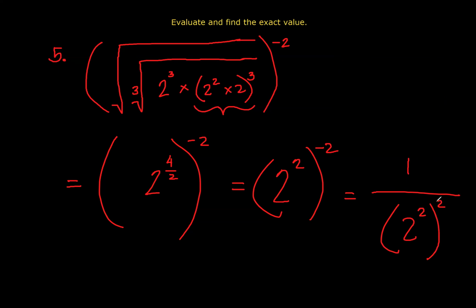Now using the power of a power rule, we will get an answer of 1 all over 2 raised to 4. And 2 raised to 4 is equal to 16. Our final answer is 1 all over 16.